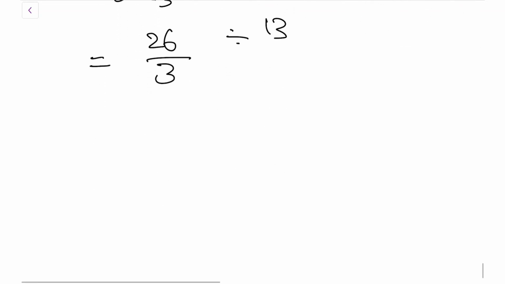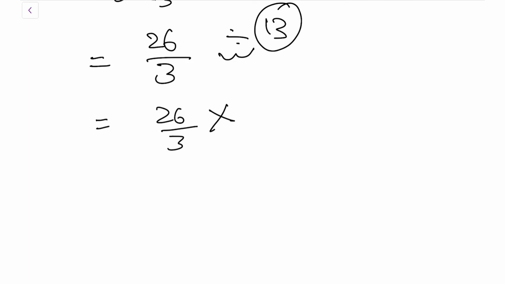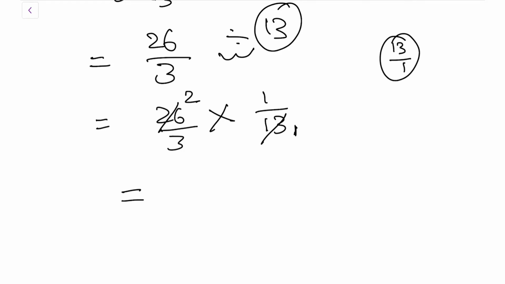So 26 by 3, division can be converted into a multiplication and take the reciprocal of 13. What is the reciprocal of 13? Remember, 13 is 13 by 1. So what is the reciprocal of 13 by 1? 1 by 13. That's it. 13 ones are 13, 13 twos are 26. Multiply the numerators. 2 into 1 is 2.